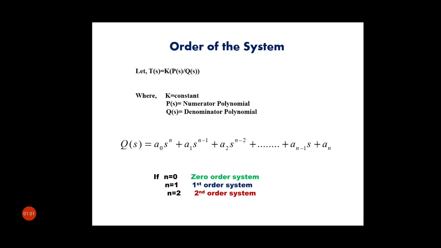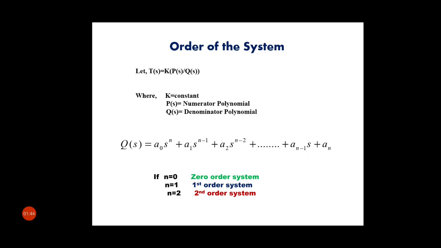Coming to this transfer function, let the transfer function T(s) equal K into P(s) by Q(s). After solving the transfer function by taking output transform by input transform, we are going to get some form like K into P(s) by Q(s), where P(s) is the numerator polynomial, Q(s) is the denominator polynomial, and K is the constant.